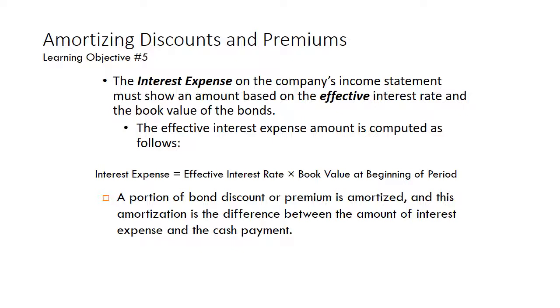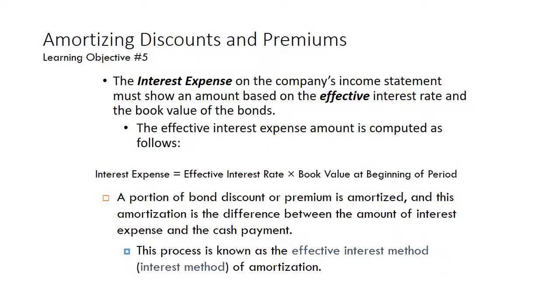You also calculate the amount you're paying for the interest. That's based on face amount times stated interest rate times time. That's the amount of cash you're paying. So you have one amount you debit interest expense for, one amount you credit cash for. The difference is what you will debit or credit your premium on bonds payable for.